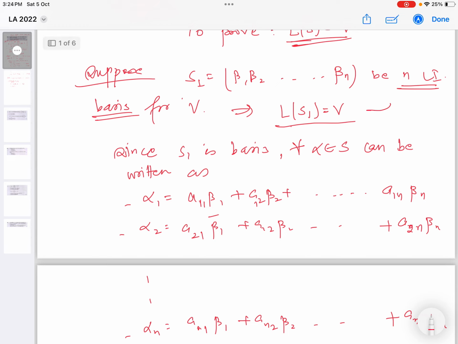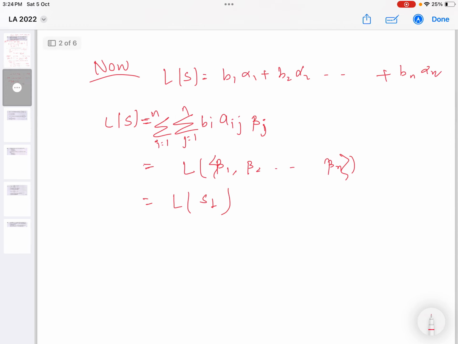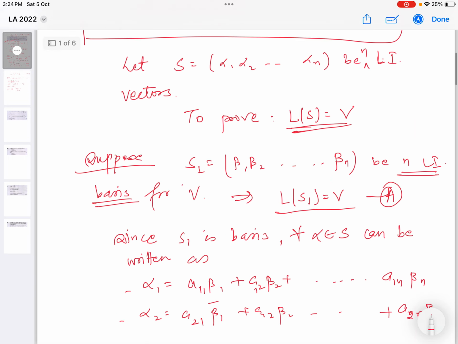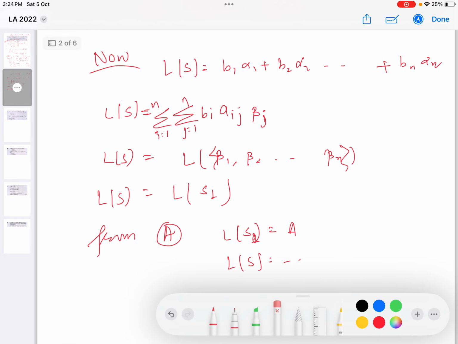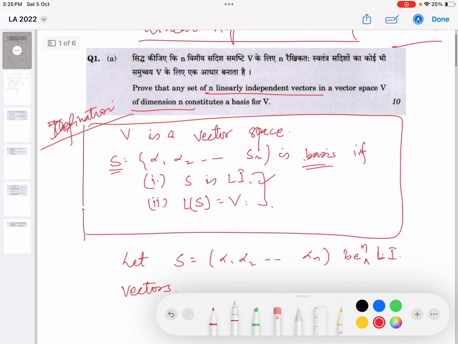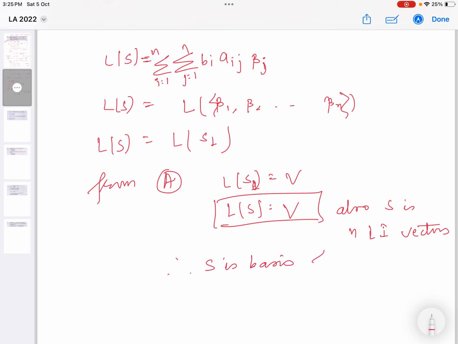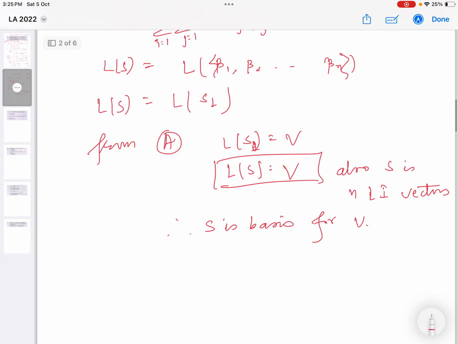And from A we know that L of S1 is V, so we can say that L of S is V. So hence what we had to prove, L of S is V, because it is vector space V. And also S is n linearly independent vectors, therefore S is basis for V. Very good, so we are done.